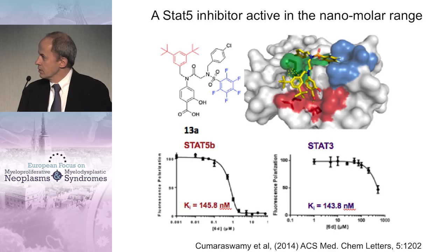And here is one compound that was recently published by a Canadian group, which inhibited STAT5 in a nanomolar range and was selective against STAT3, so was predominantly concentrating on STAT5.